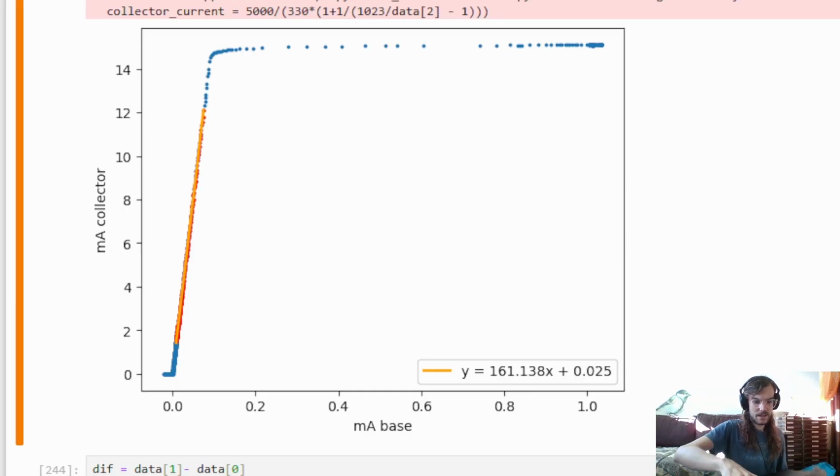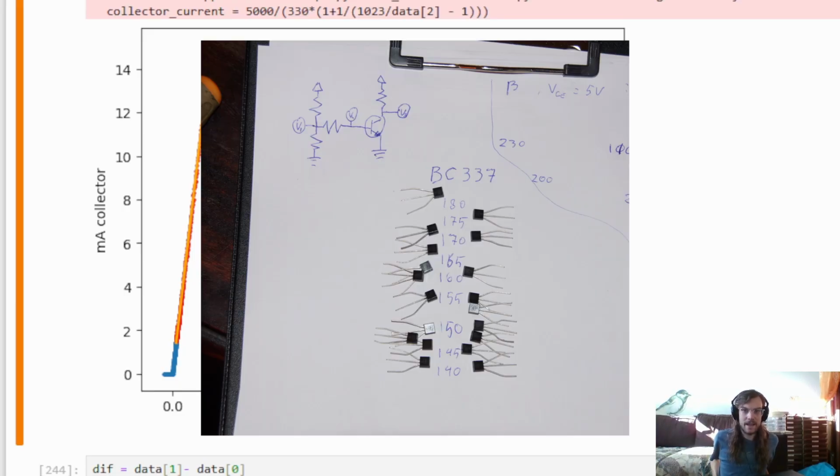So in case you're curious, why do you have to do this yourself? The answer is basically that it's very difficult for manufacturers to build transistors with exact beta values. So I tested just one batch of transistors that I bought, and I'll show you a picture of all the values that I found.